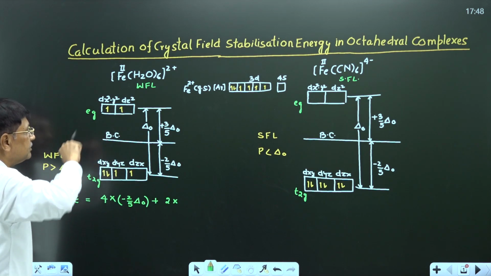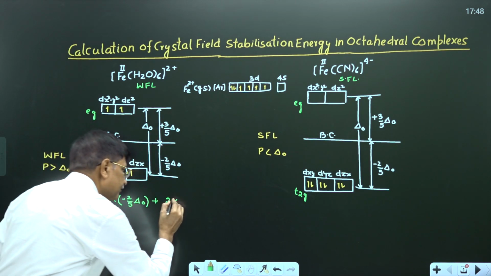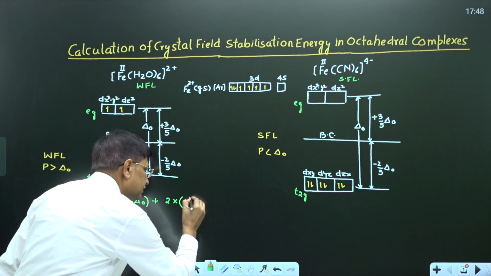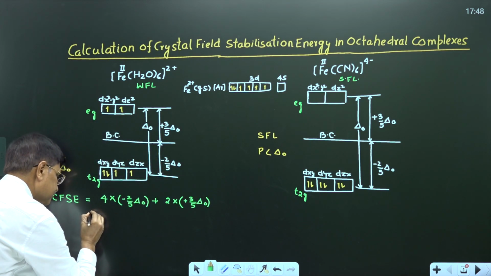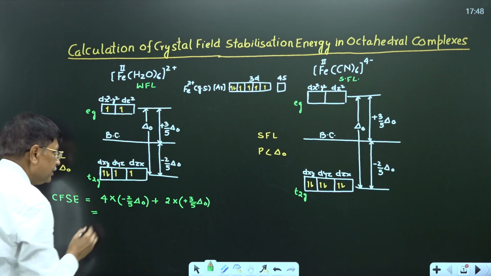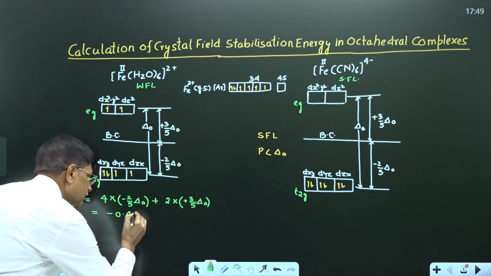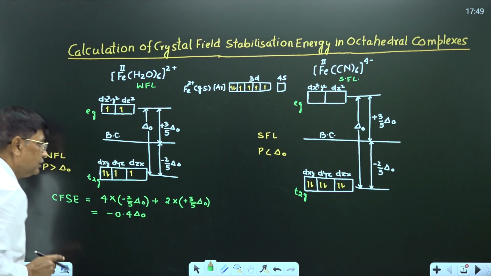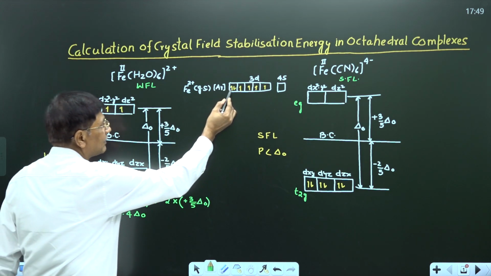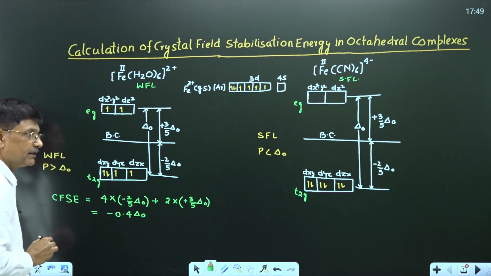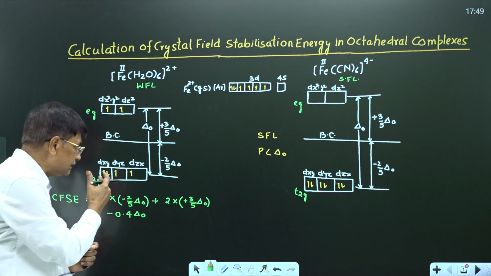Potential energy of each electron has been raised by 3 by 5 delta O with respect to barycenter, plus 3 by 5 delta O. So it comes out to be minus 0.4 delta O. One more thing, students. There is one paired electron here, and there is also one paired electron in the ground state. That is, no extra pairing of electrons has occurred in this case.